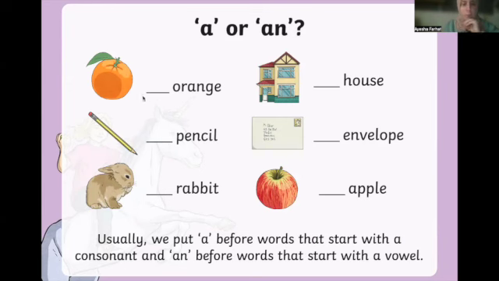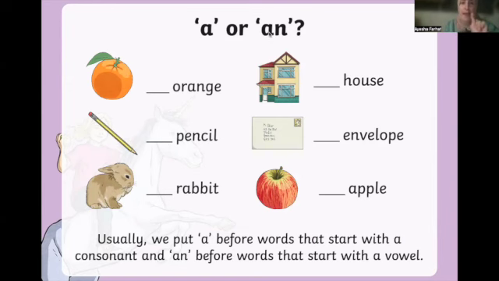Okay. So using that rule, we have orange. Now orange starts with an O. So I have to think to myself, what are my vowels again? A, E, I, O, U. Now O is a vowel, so I have to think when the word starts with a vowel, I use an.